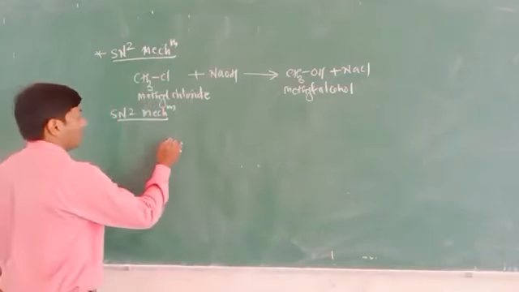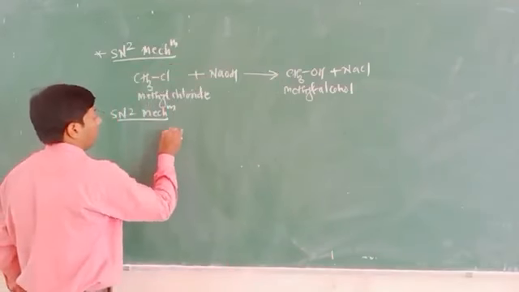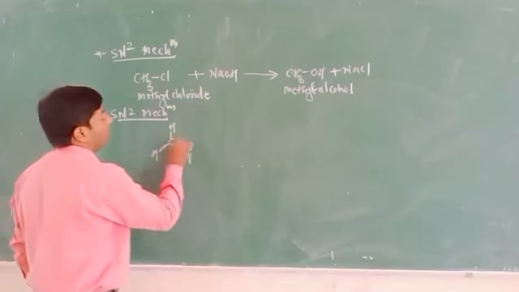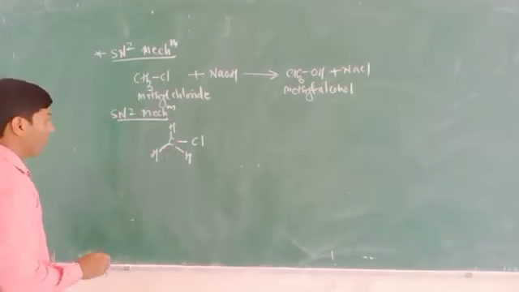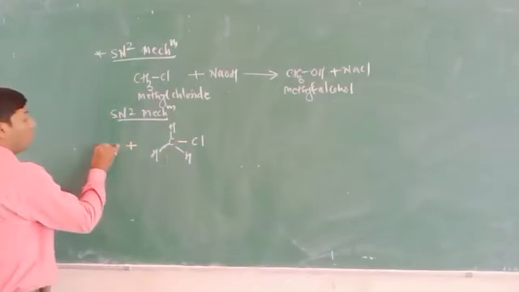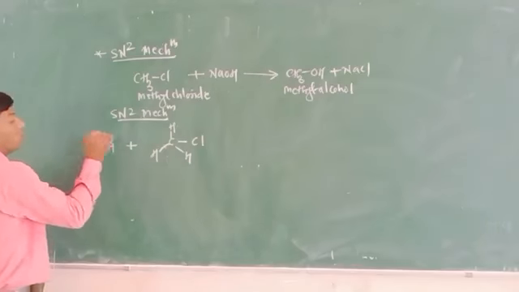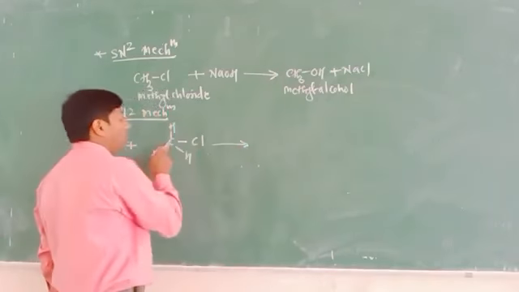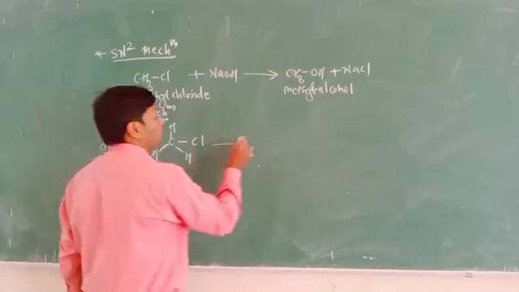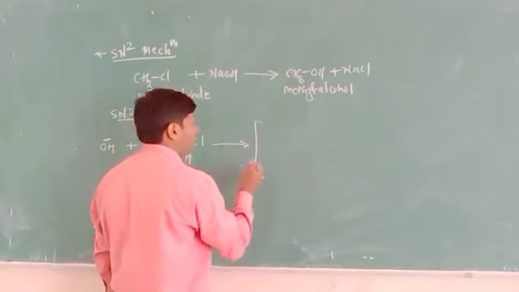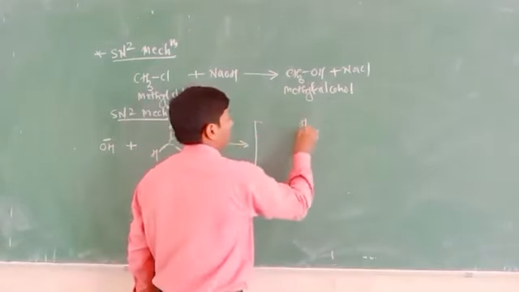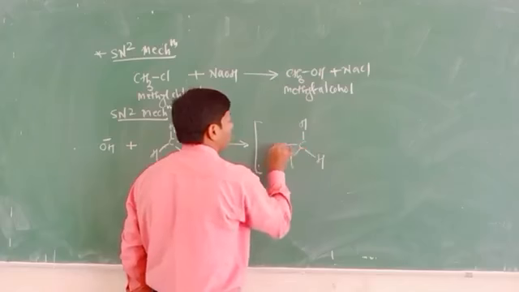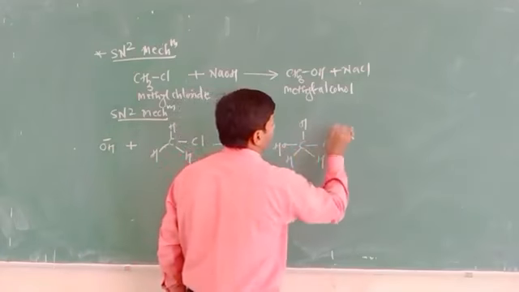So how is the reaction explained? I write CH3, first of all, I write the H, I write the H, and here I write the Cl. The nucleophile OH minus will attack on the partially electron deficient carbon atom, and in the transition state it gives partial OH bond and partial Cl bond.